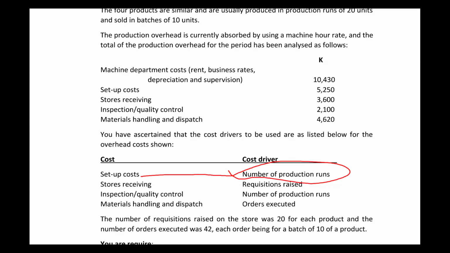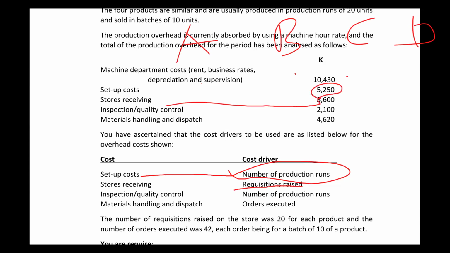Then similarly for the stores and receiving, you should use the requisition rates. So you have to know the number of requisitions for each of these products, for A, B, C, and D, and then allocate the stores' requisition amount according to the number of requisitions per product.